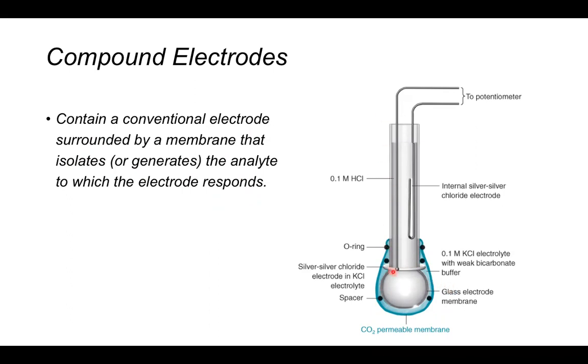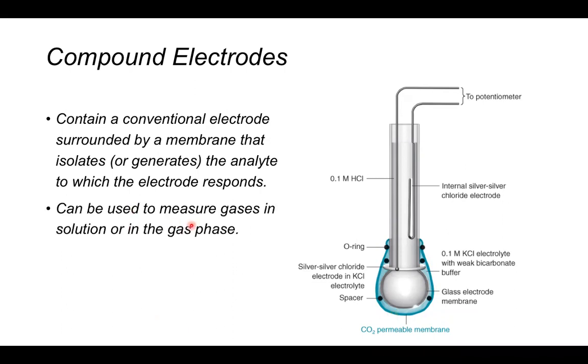Here is the conventional electrode. Here is the membrane, which is permeable to our analyte. But unfortunately, sometimes it's hard to design an electrode which is going to be responsive to our analyte. So we might have to complex it in some way, or we might have to do another reaction in order to generate some species which we can measure. Basically, we're indirectly measuring our analyte.